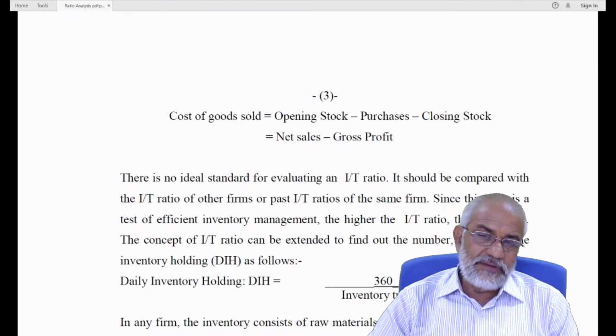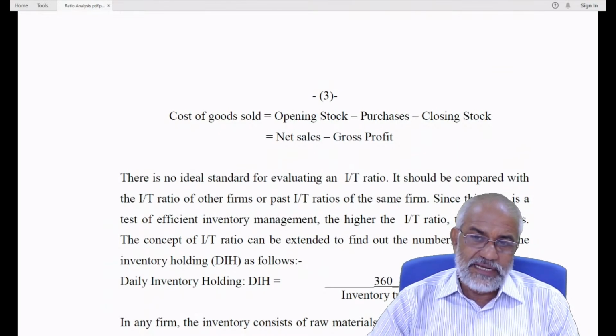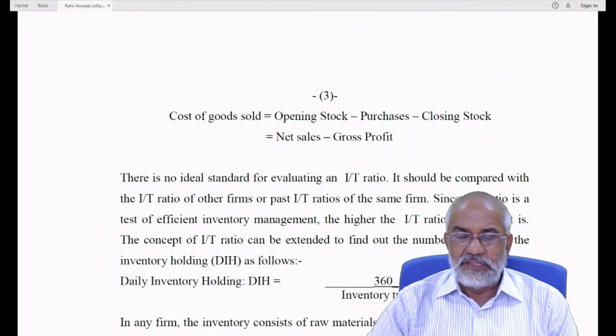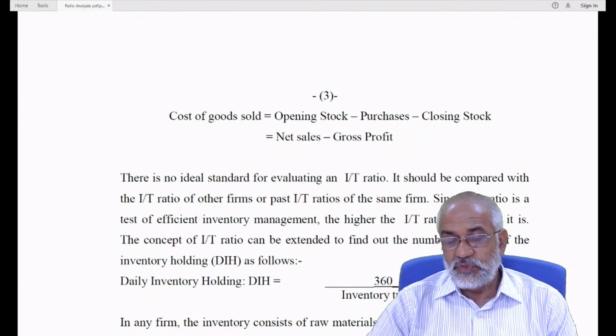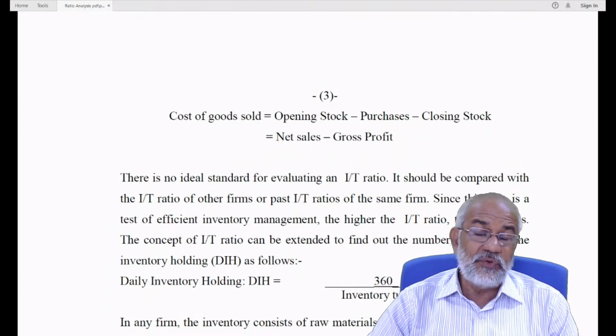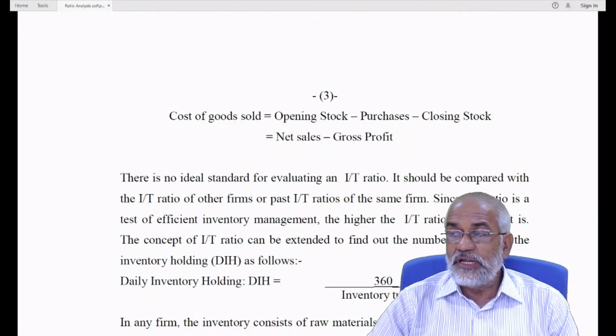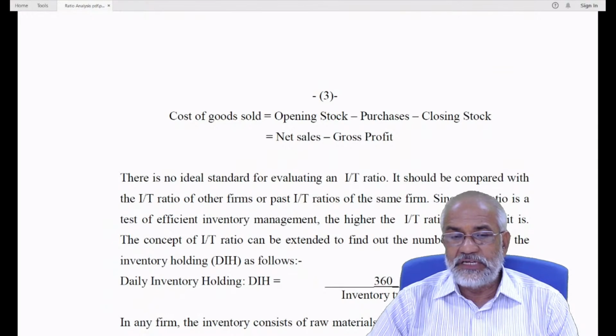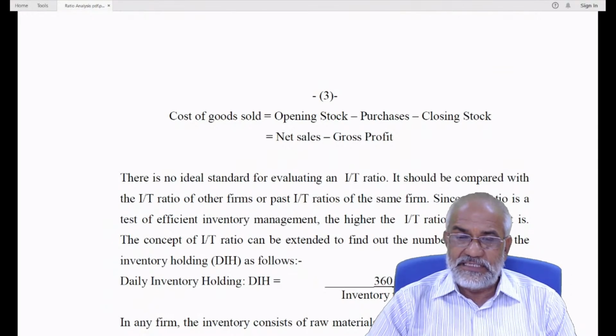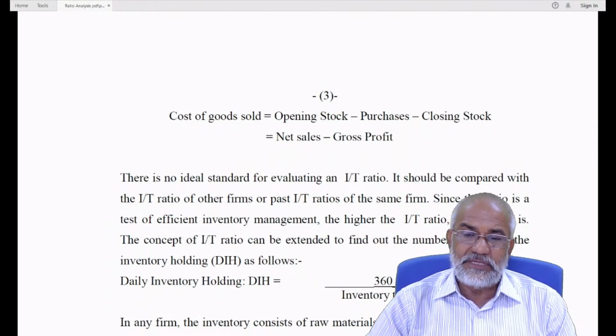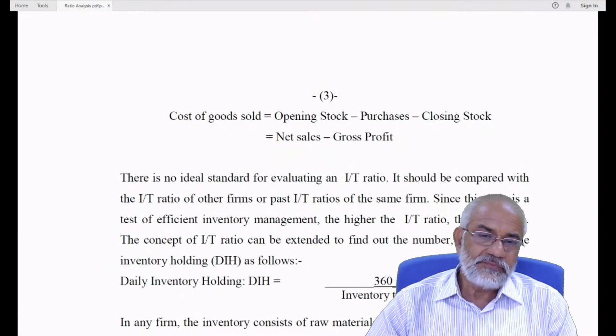The concept of inventory turnover ratio can be extended to find out the number of days of inventory holding. That is called daily inventory holding, or DIH. Daily inventory holding means what should be the ideal inventory holding per day. That can be calculated by dividing 360 by the inventory turnover ratio.